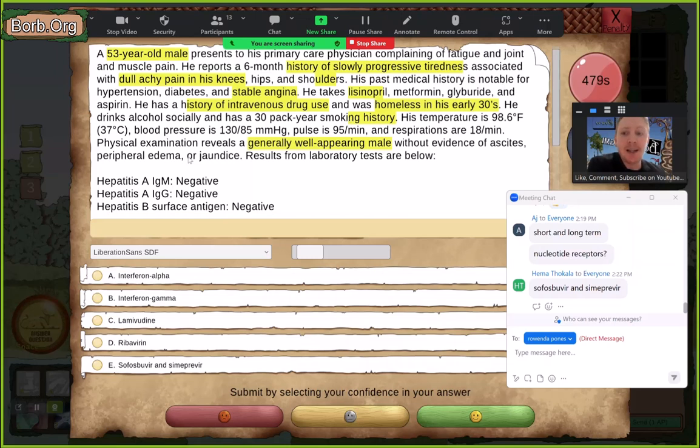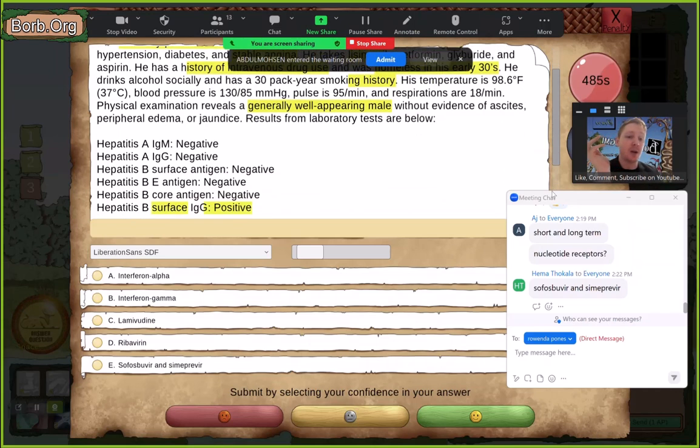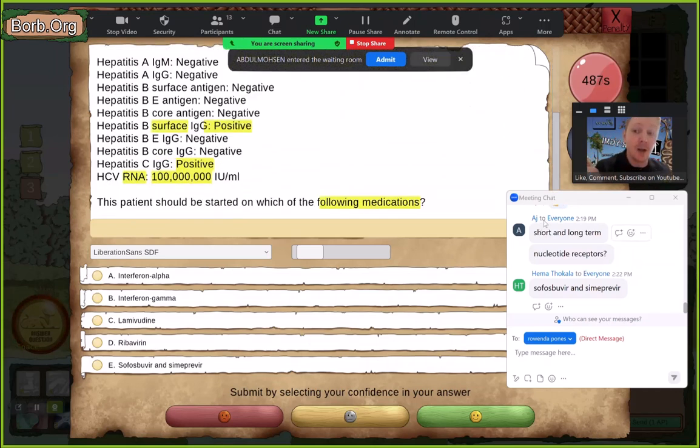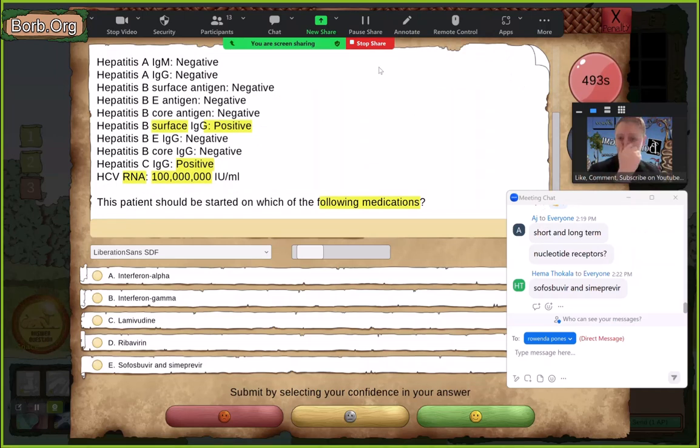We don't have late stage because we don't have ascites or jaundice or edema. We also have a history of IV drug use, which is a risk factor for HCV as well as HBV. Hepatitis A is more associated with fecal contamination, eating something that has feces in it, or feces in your water supply or something like that.